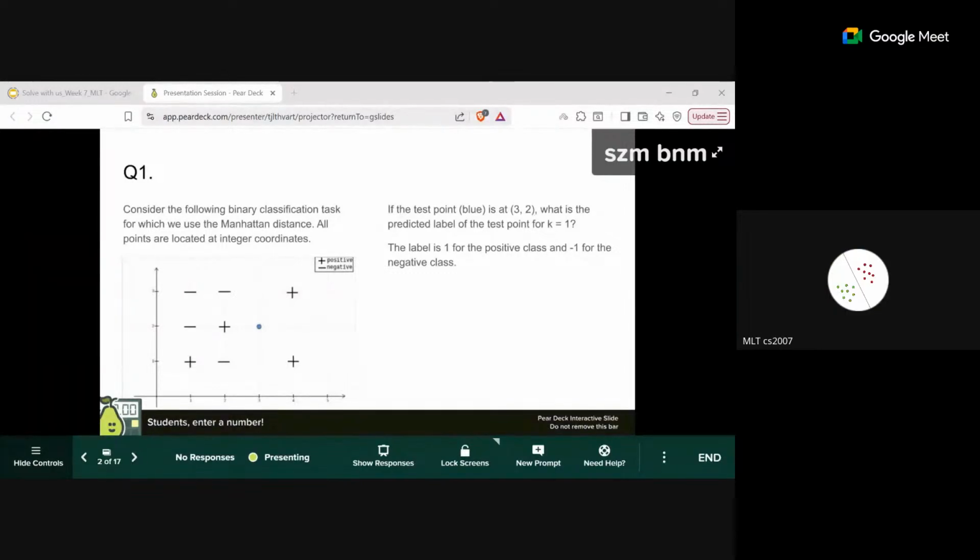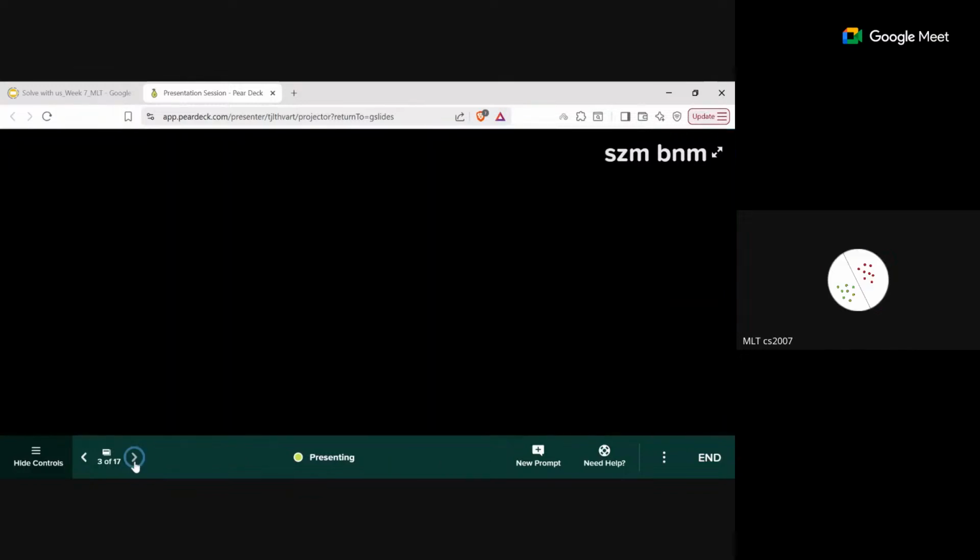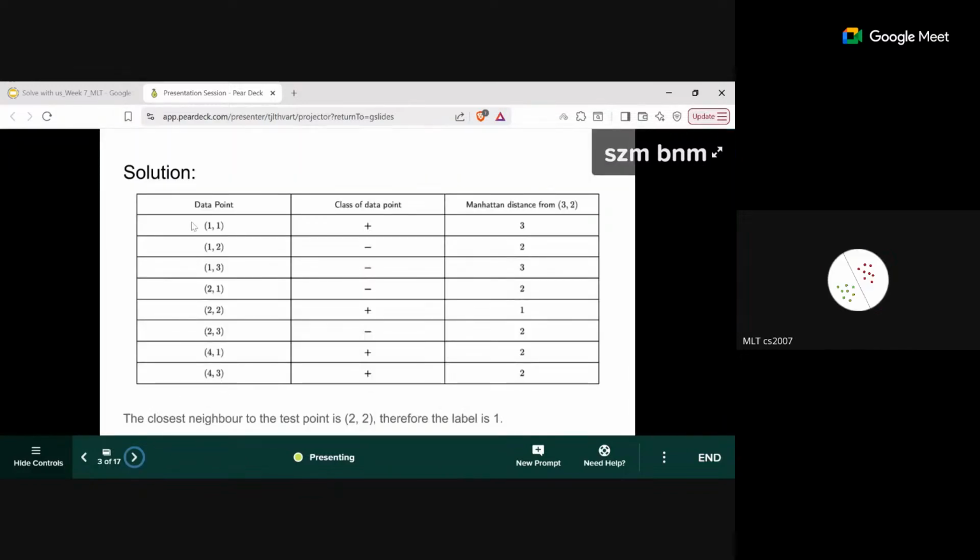Okay, so this is a very simple problem. You have this test point, which is 3 comma 2. You have to find the predicted label for this test point when using k equal to 1, so I look at the one closest neighbor. I calculate the Manhattan distance.